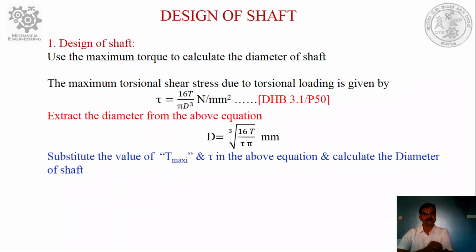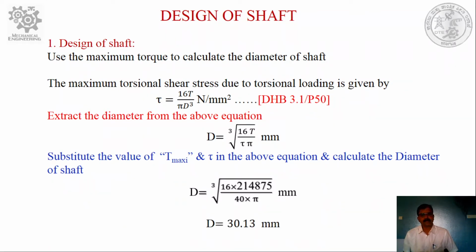Substitute the values of T maximum and tau in the above equation. D is equal to cube root of 16 into 214875 divided by 40 into pi. Now D is equal to 30.13 millimeter.